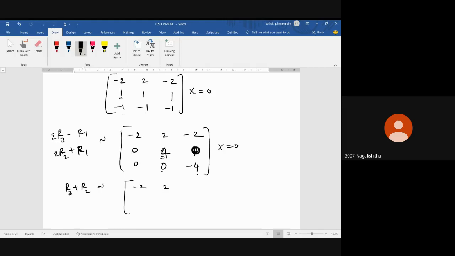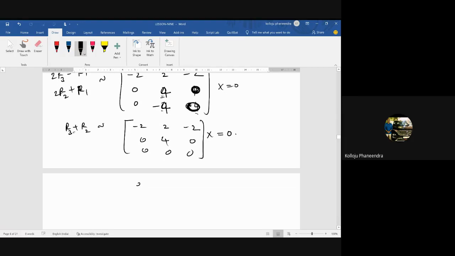Wait. 2 minus 2, minus 2, minus 2. Yeah, minus 4. Correct. And this is minus 2 plus 2, this is 0. Correct. Now it is right? R3 plus R2. Now it gives definitely 0, 0, 0.